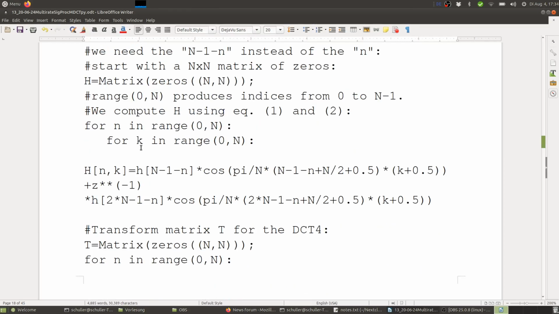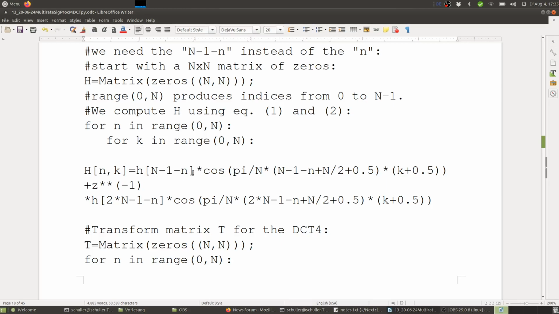And here we do the computation of the polyphase matrix entries. So here n goes from 0 to n minus 1, k goes from 0 to n minus 1. So here the phase, here the subbands, and here we compute the entries.